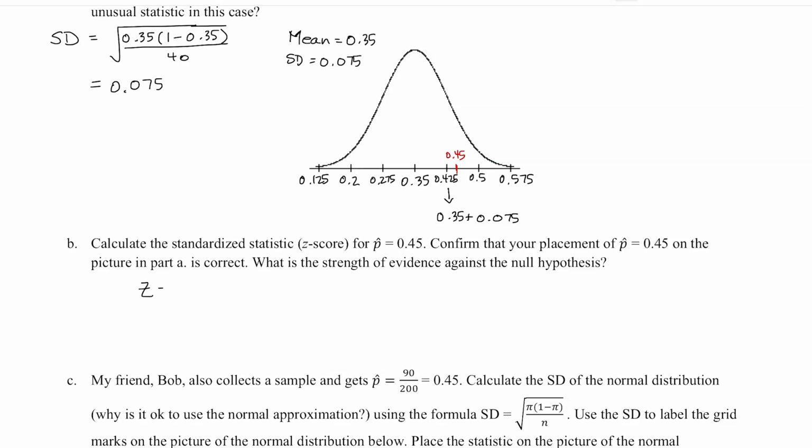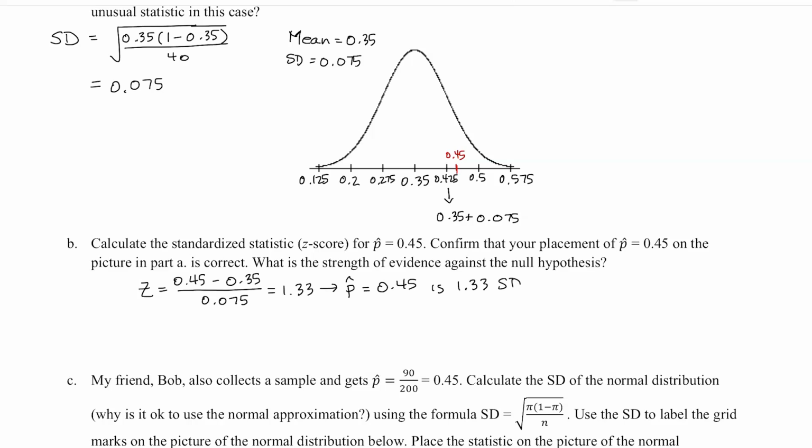Now, if I calculate the standardized statistic, my z-score, again, feel free to look at your formula sheet to remind you how to get that. We take our statistic, 0.45, minus the mean of the null distribution, that's the assumed value in the null hypothesis, divided by the standard deviation of the null distribution, which we calculated earlier, you get 1.33. Right?